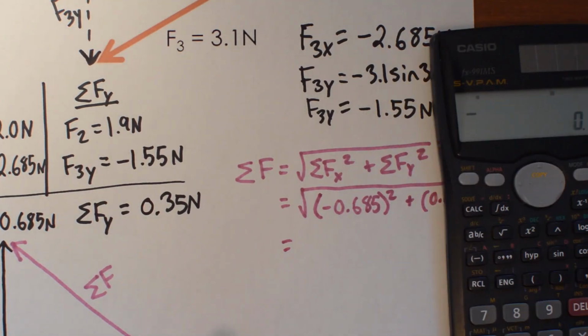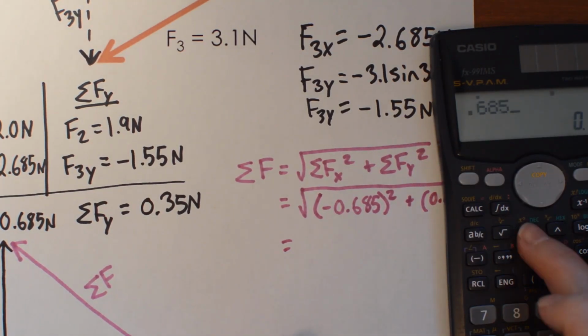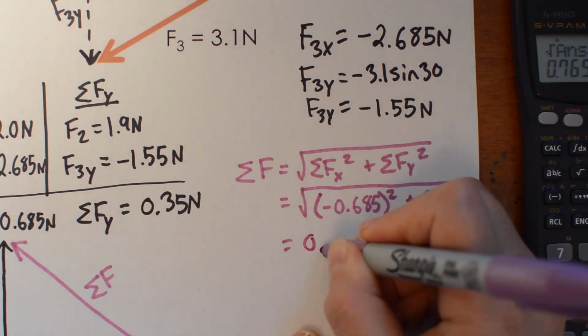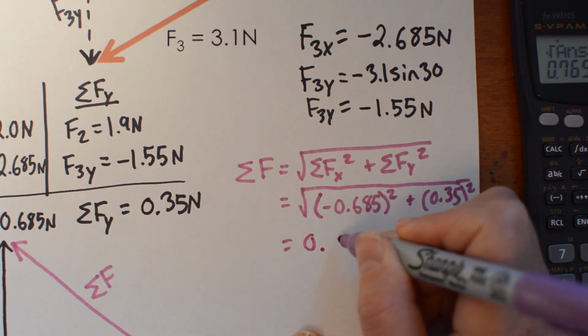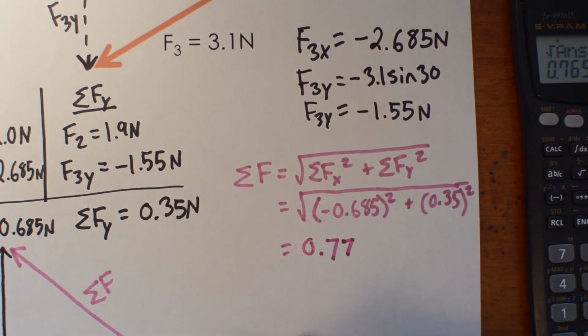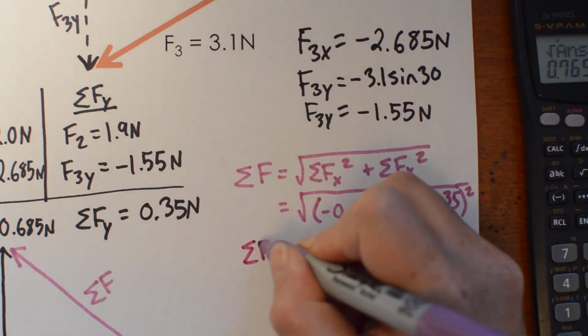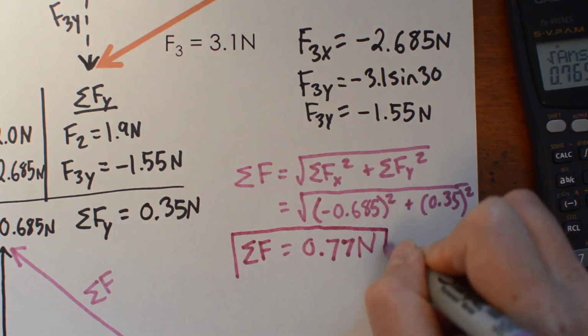And let's see what that gives me. So 0.685 squared plus 0.35 squared. Square root all that, and I get 0.77. It looks like I want 2 sig figs here. Everybody has 2 sig figs, so I'll stop there. So there's my net force.